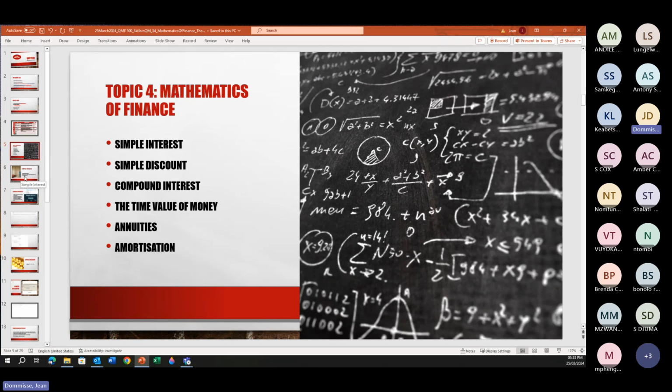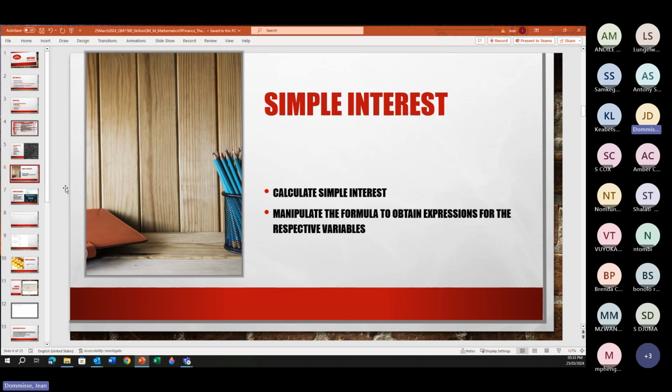Okay, so let's get into simple interest. Simple interest is one of those where you basically put a lump sum of money into an account and you get interest on it. It's not that you will get interest on interest like in compound.